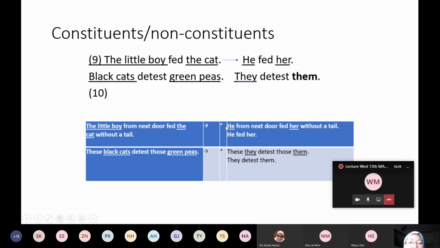So in the ungrammatical example, we actually took only the little boy. So the little boy becomes he, and then from next door. He from next door fed her without a tail, which is not grammatical. However, if we replace the little boy from next door with he, and then the verb fed, and then the cat without a tail, the whole group, we replace with her, then the sentence is grammatical.